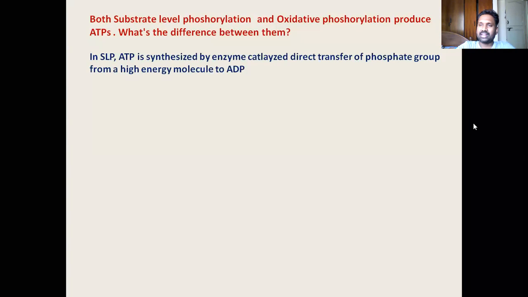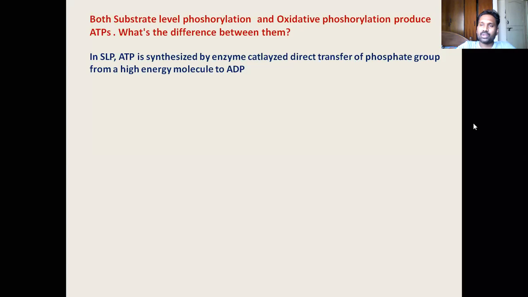It is synthesized by the direct transfer of phosphate group from a high energy molecule to the ADP, to give ATP. And you all know this type of reaction is catalyzed by enzymes called kinases. So to put in a nutshell, in SLP, ATP is synthesized by enzyme catalyzed direct transfer of phosphate group from high energy molecule to ADP.